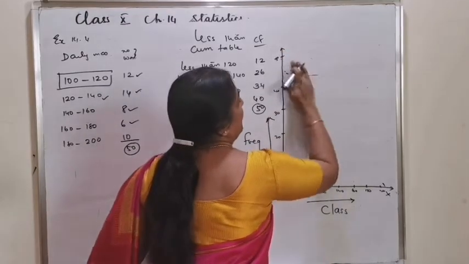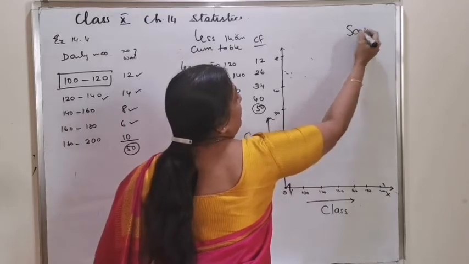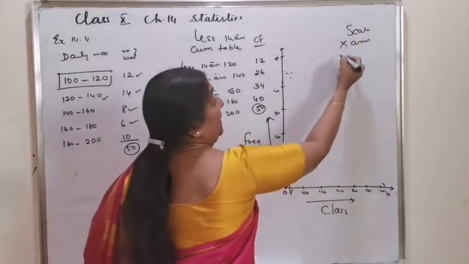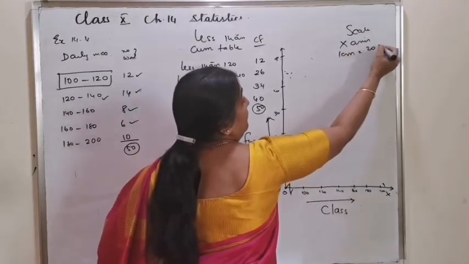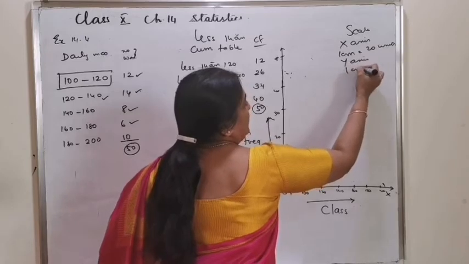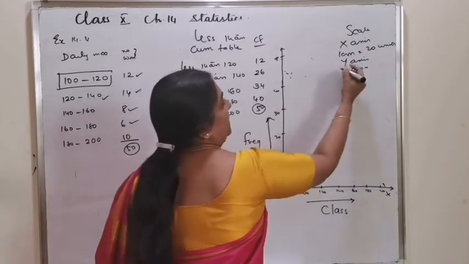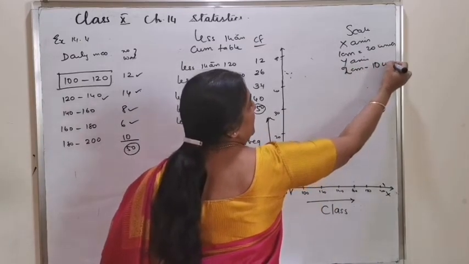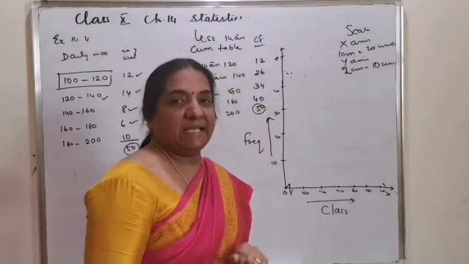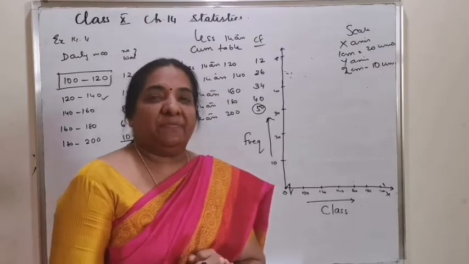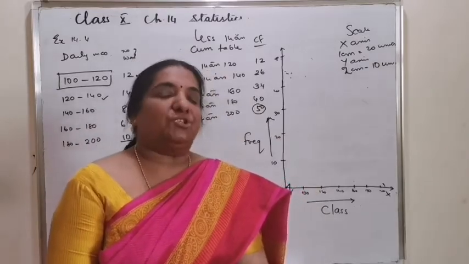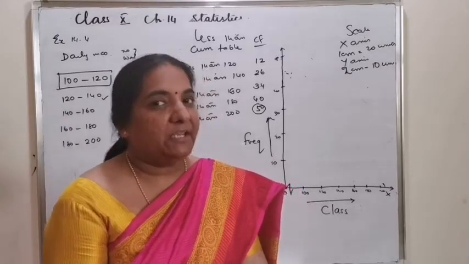So the scale will be: on the x-axis, 1 centimeter is equal to 20 units, and on the y-axis, 2 centimeters is equal to 10 units. This makes the graph a little bigger, because there is a rule that the graph should be approximately standard size for the paper. It should not be very small or very big.